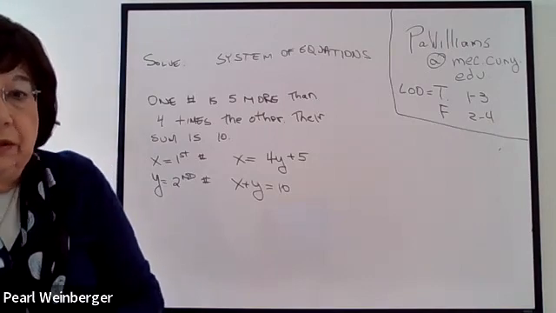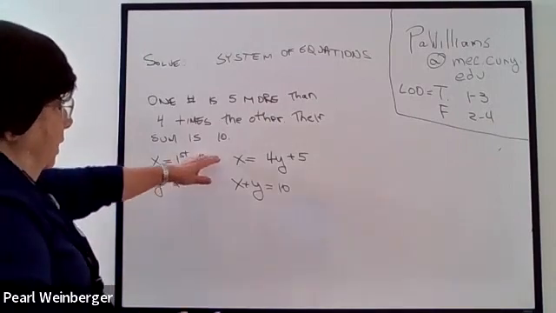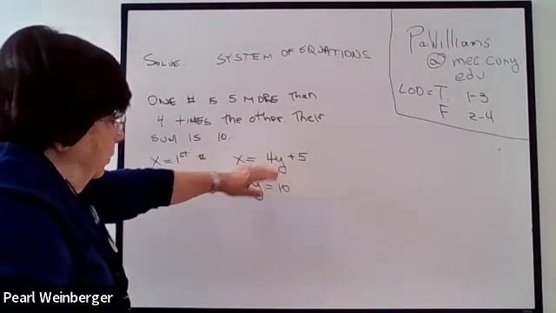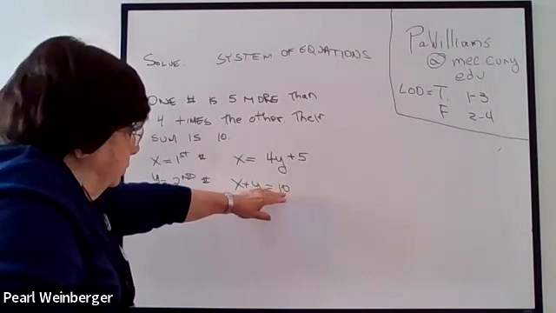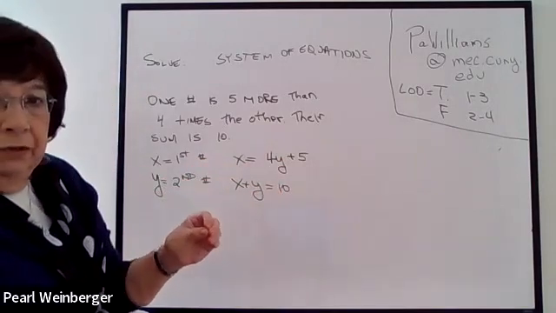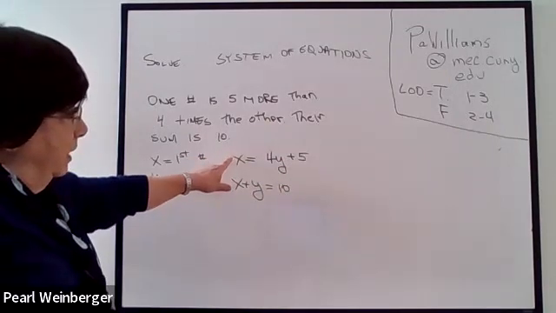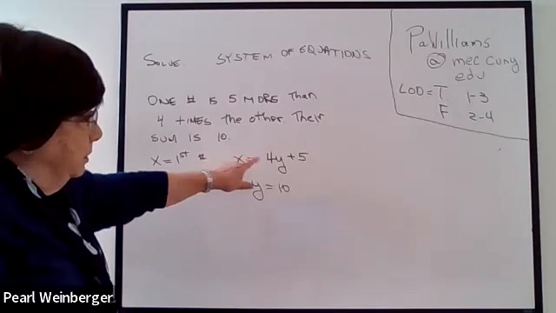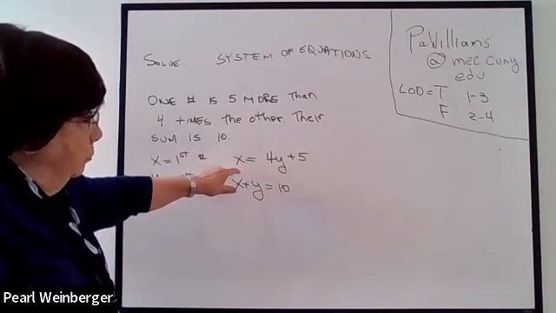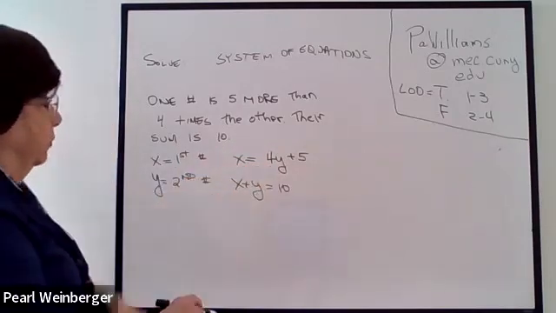Okay, let's see if we can work this out together. x equals 4y plus 5, and x plus y equals 10. So to me, this looks like a good setup for substitution, because in the first equation, I have x written explicitly in terms of y. I can substitute for the x with 4y plus 5.